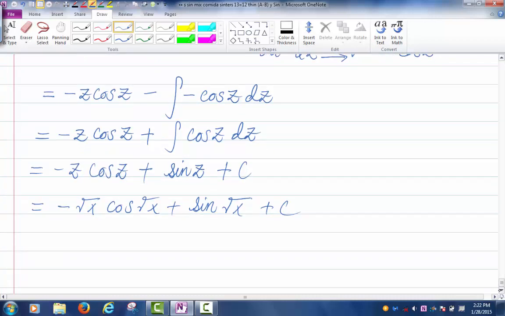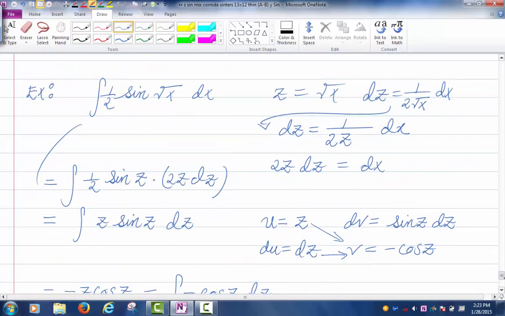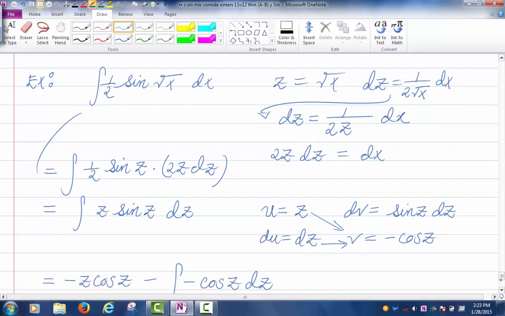How do you just put the z or the 1/2 or the 2z? Okay. So remember, we took z to be root x, right? Z and root x are equal. So I take dz. Dz is 1 over 2 root x dx, right? Now you see the root x here, that's the same as z.